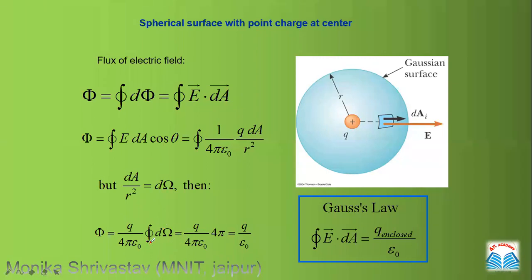So we can put this d omega here, and this d omega has the maximum value of 4 pi. So we are getting at last phi equals q over epsilon naught. That is our Gauss law. So hence we are deriving the Gauss law from the flux of the electric field.